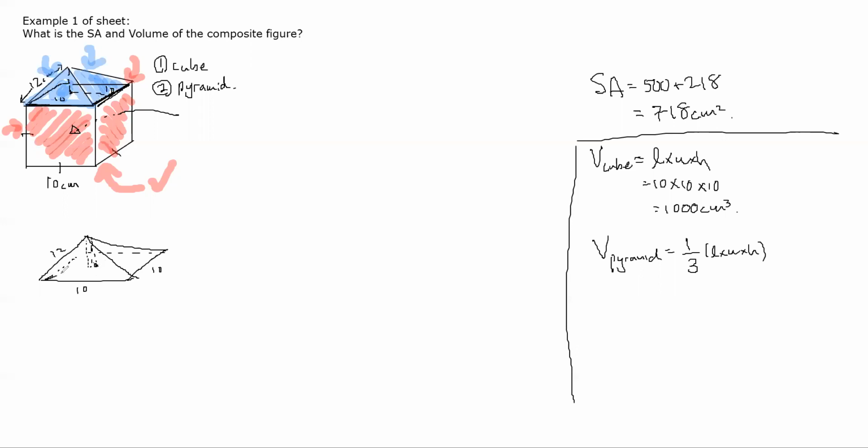That means it should also be perfectly in the middle of my diagonal. So if I find the diagonal length across the base of my pyramid, if I cut it in half, that essentially creates a right angle triangle for me.